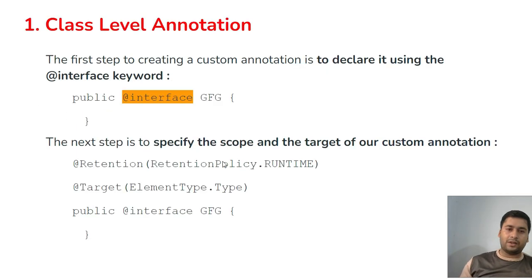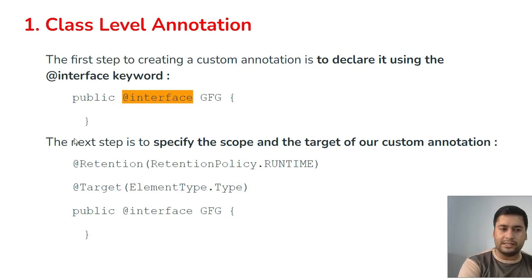If you see here, this is the class level annotation, and you can create your own. The first step to create a custom annotation is to declare it using the @interface keyword, then open and close curly braces. This is an example of creating an annotation.